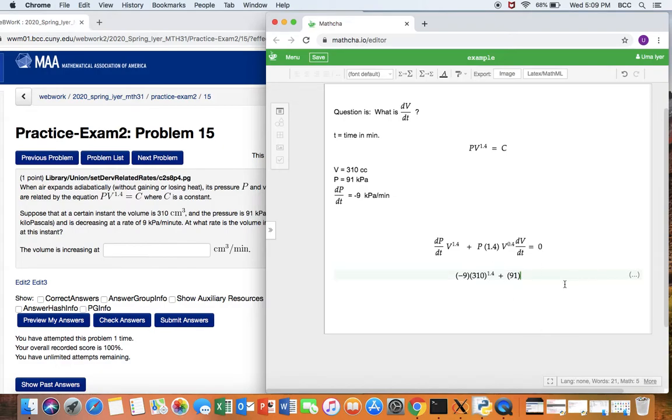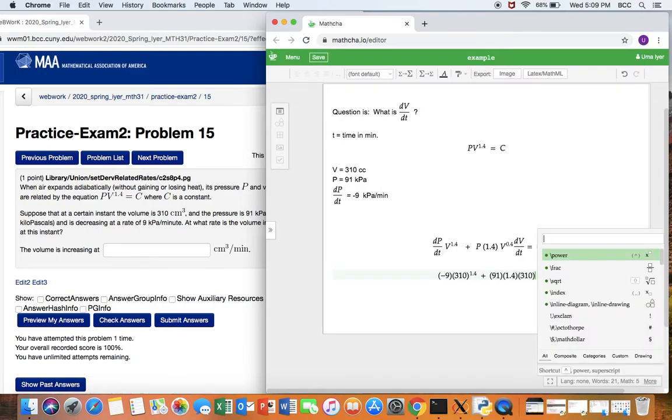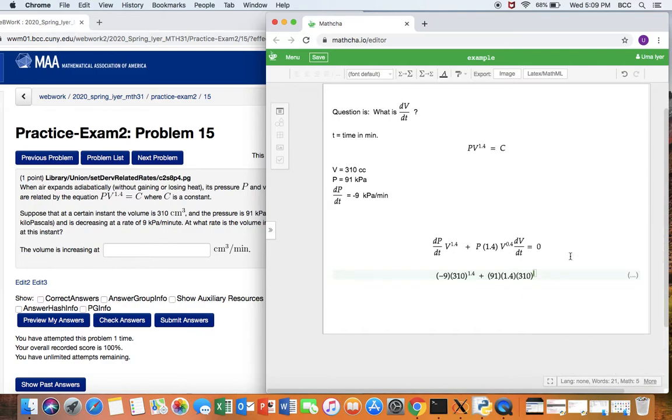There is a 1.4. And V is 310, power 0.4. All right. Almost home. Fraction dV/dt is 0. I need to solve for dV/dt.